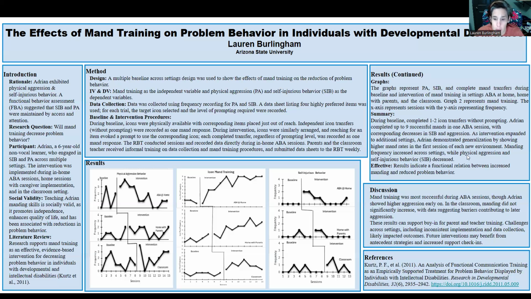So I myself conducted the icon man training for the ABA sessions at home. For the home with parents, how I moved forward with that was I provided an informal training on data collection and icon training. So using a multiple baseline, this is why I started my phase first. I wanted to model how to do this for the parents as well.